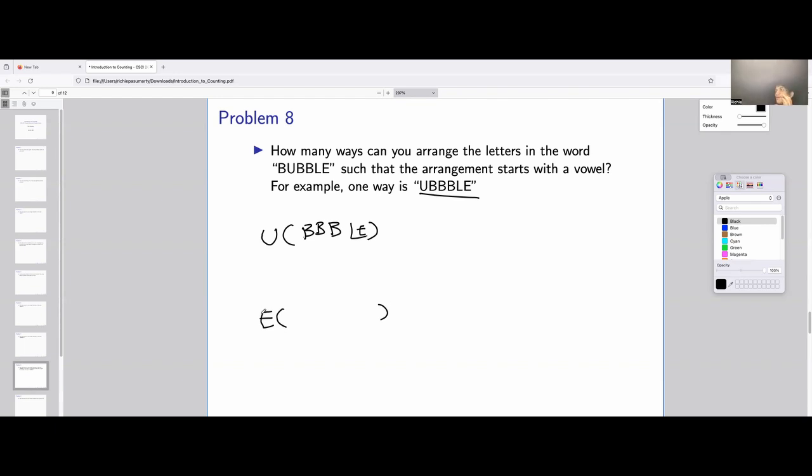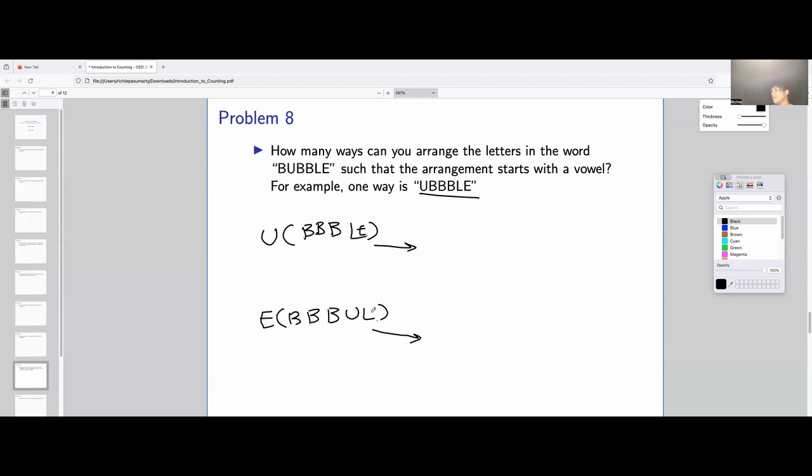For those arrangements which start with an E, I have B, B, B, U, L, which I have to rearrange. So the question becomes, how many rearrangements are there in each case? And I have to add those two answers.